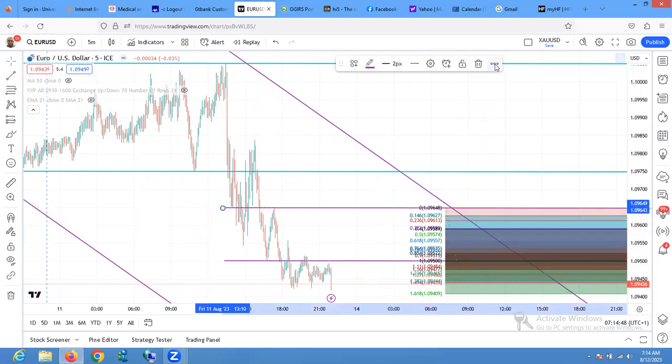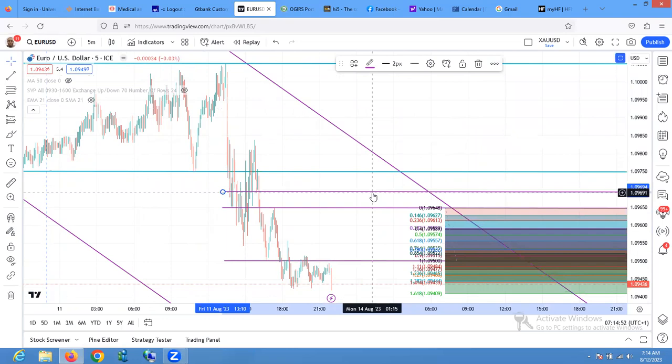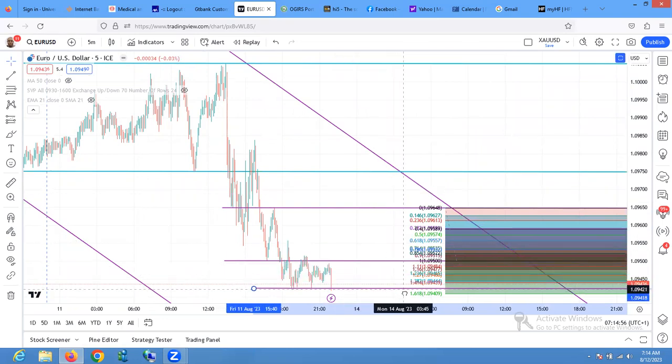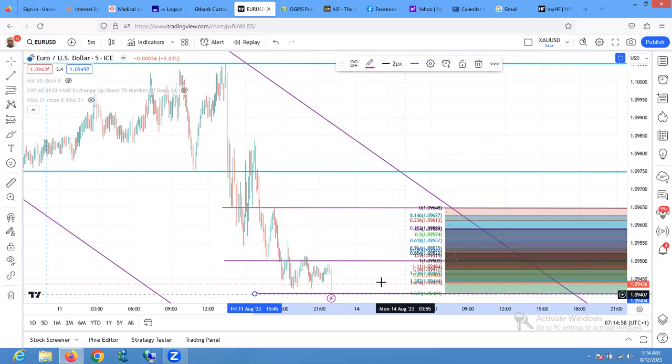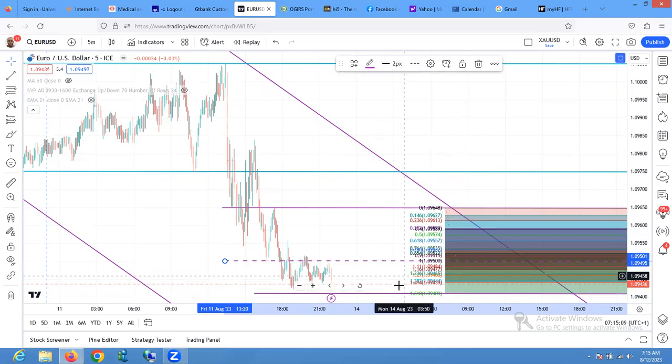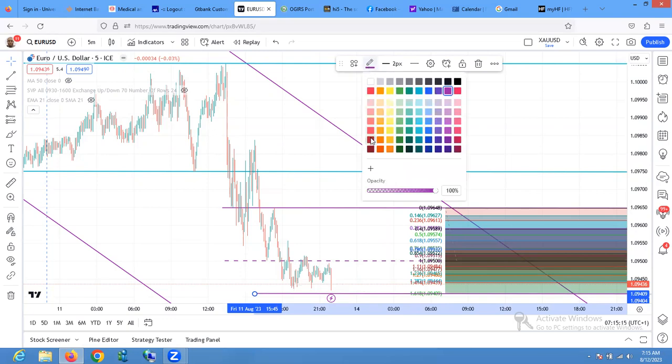So once we break below 161.8 of that extension, which is here, once we break below this point, let me use this color for it.